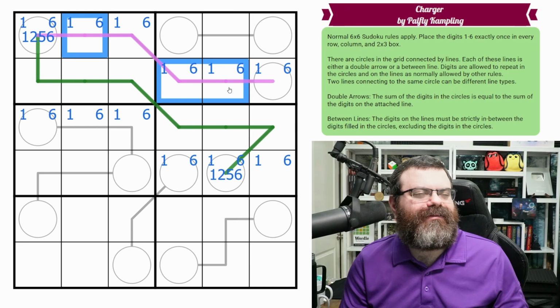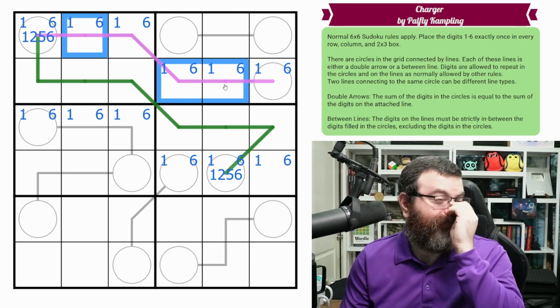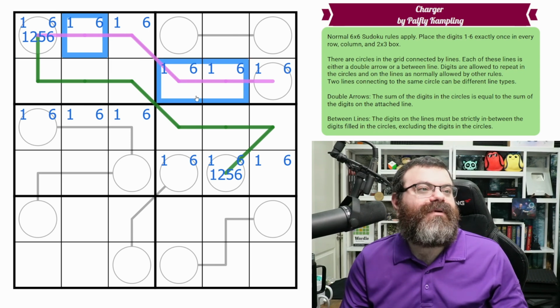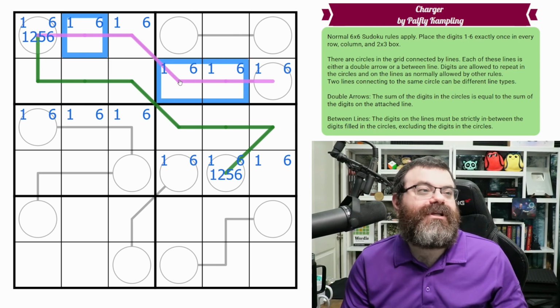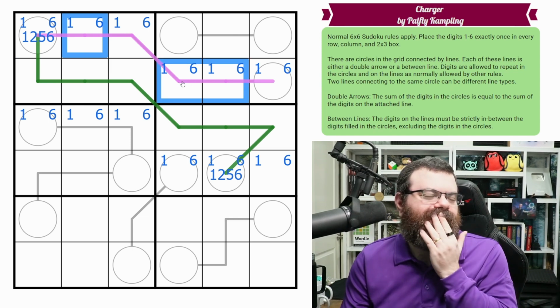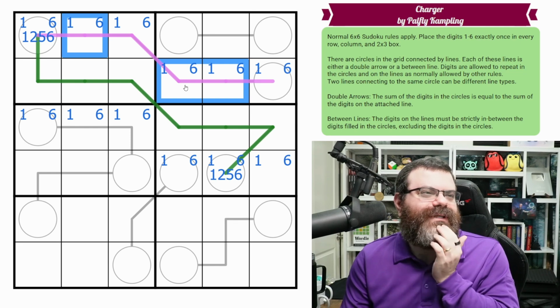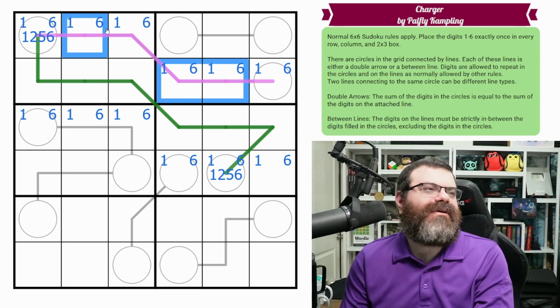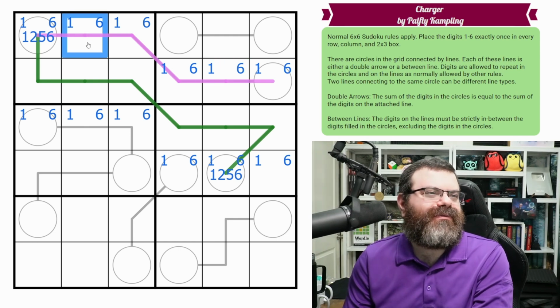So yeah, if it couldn't be a 6, this couldn't be 6. So we'd have 2 digits that are the same. We know we'd have 2 digits that are 1, potentially. So that would be 2. And then we could do with a 3. So yeah, I guess what I'm saying is we could do.